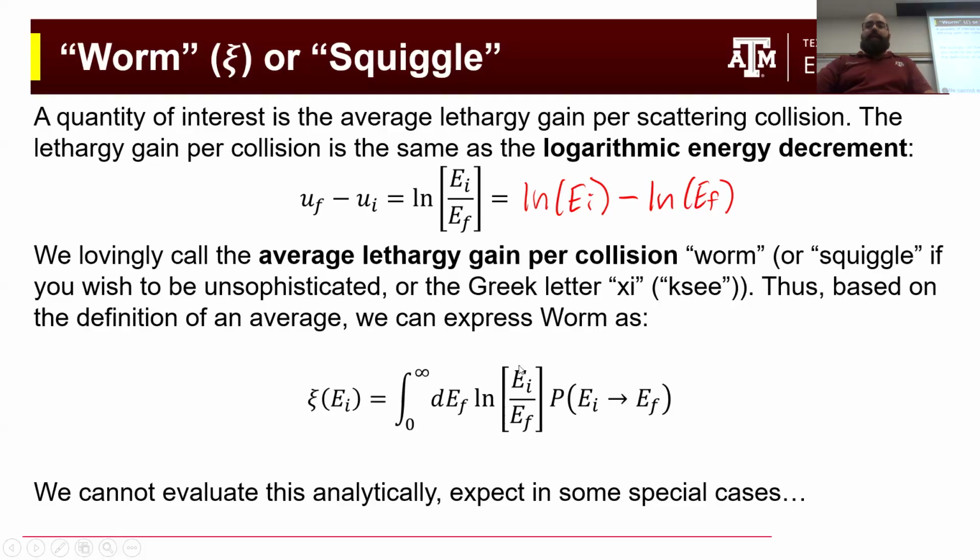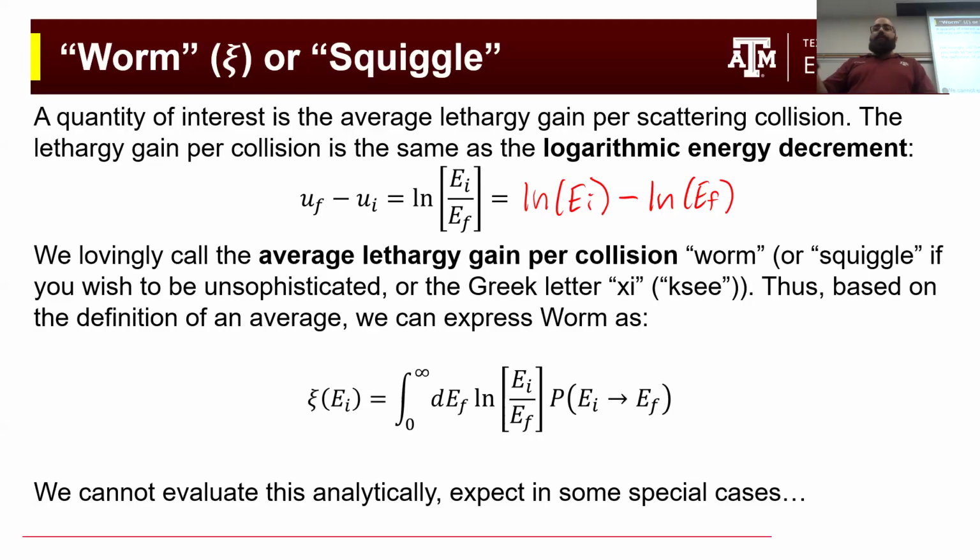So we have the lethargy change, which is the ln of EI over EF, and it's an average because we're integrating it with some weight function, where in this case the weight function is the probability density function that takes me from energy EI to the energy EF. So this is by definition how we define worm or squiggle.